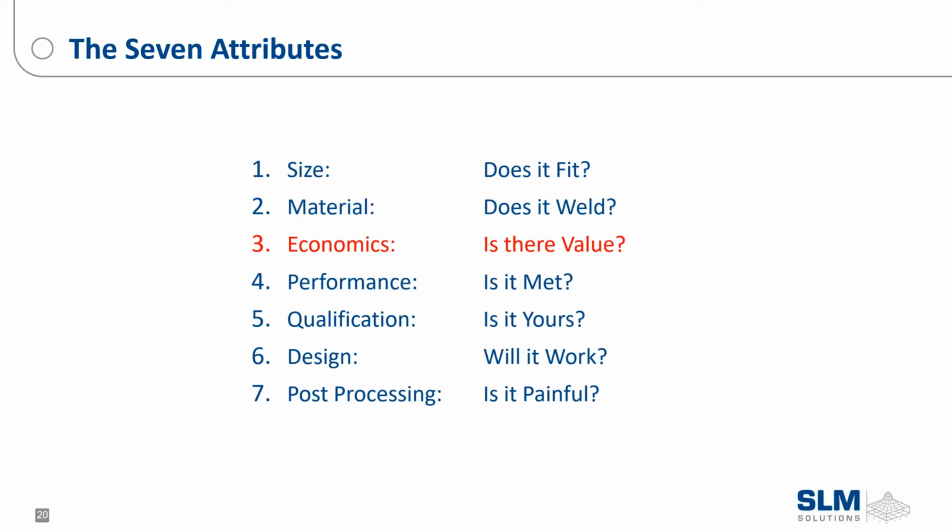Titanium, we use Ti64, and then for tool steels, 1.2709 and 316, and then for precipitation hardening steel, we use the 17-4 PH.